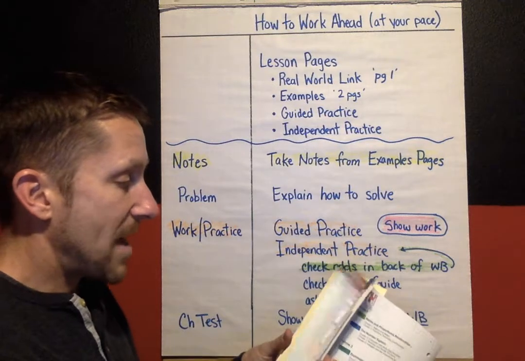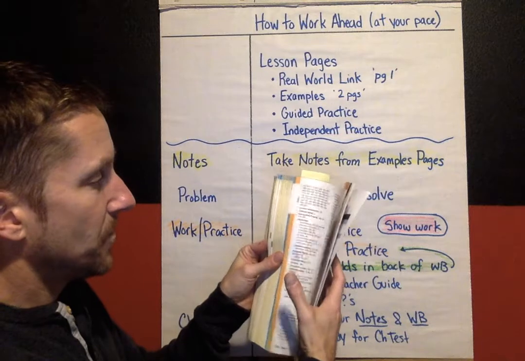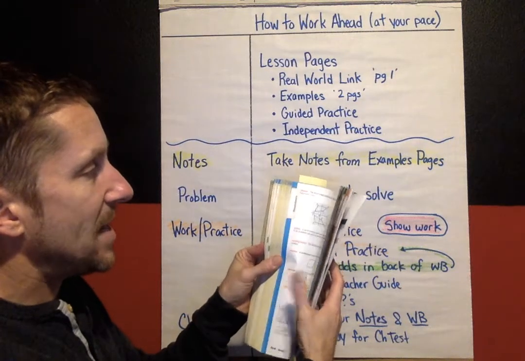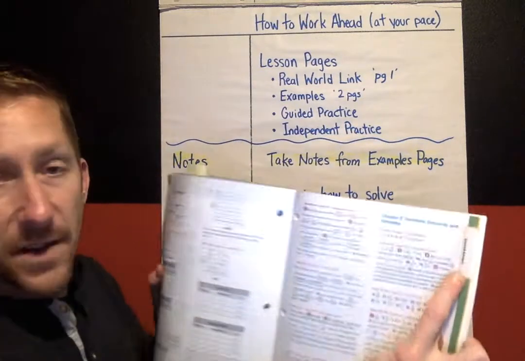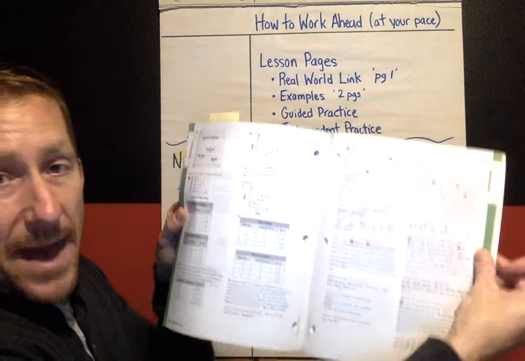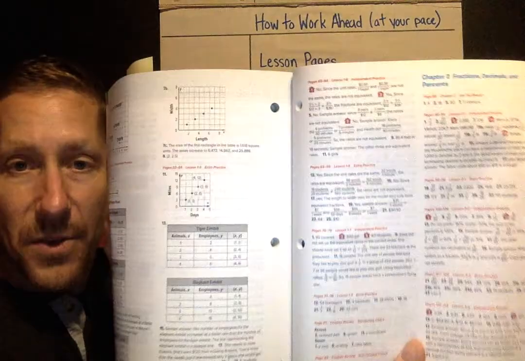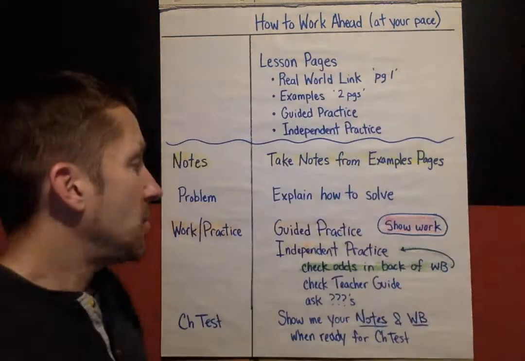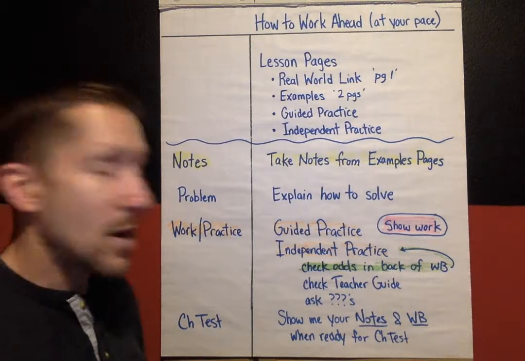If you go into the back of your book, it's the green section, the green tab pages in the back. It's called, in fact, selected answers. Here in the back of your book, the green tab on the side, that gives you the answers to the odd problems for your independent practice problems.